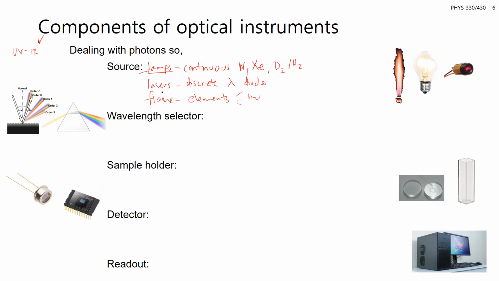If you're just trying to use one specific wavelength, you'll see lasers used more. But if you are using lamps, you have to be able to select the wavelength that you're using to pass through your sample, or you can also use this after your sample. And that will depend on the type of spectroscopy you're doing.